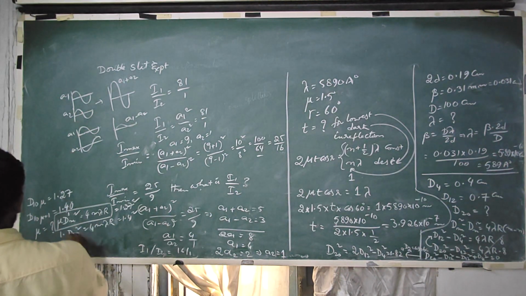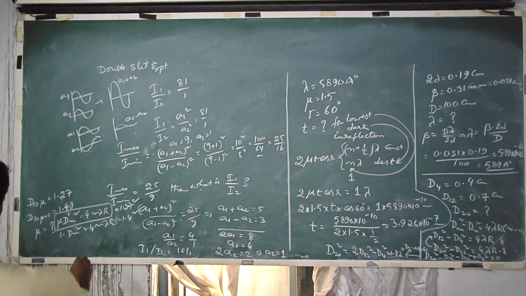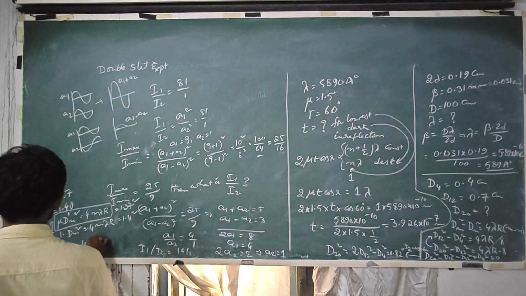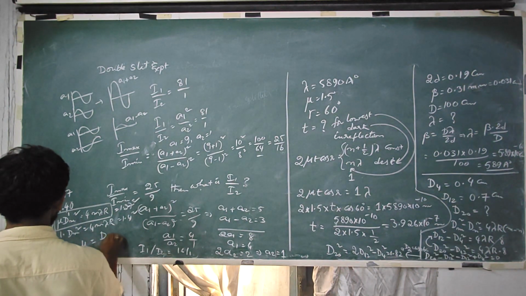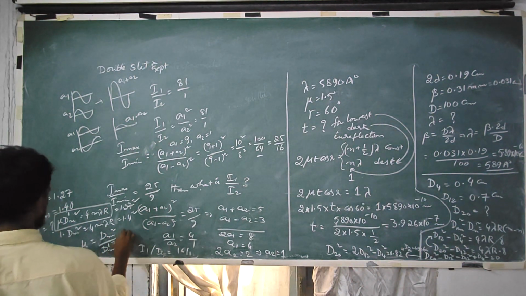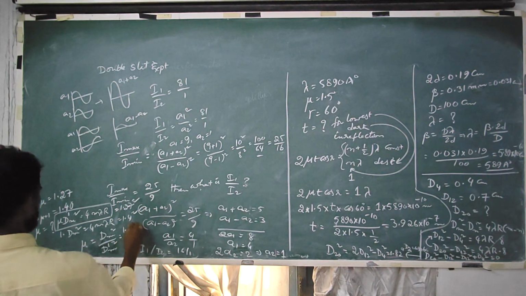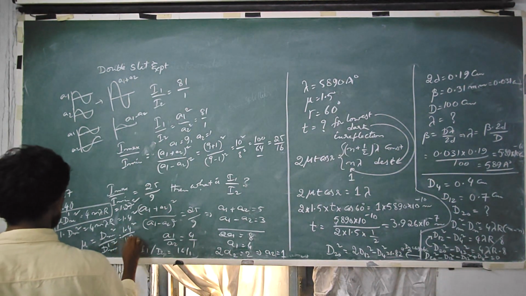Then prime for the convenience. So mu is equal to Dm square by Dm prime square, 1.4 square by 1.27 square.